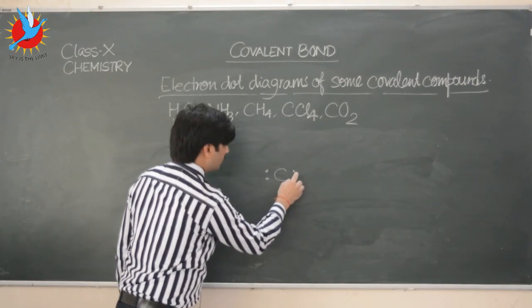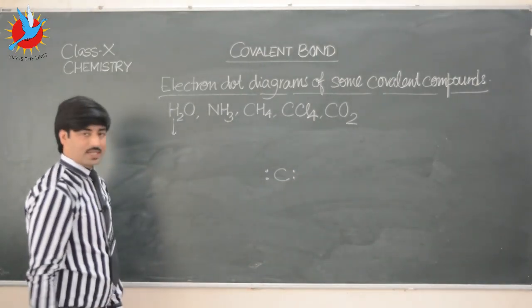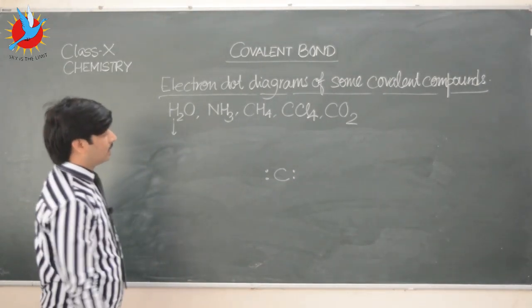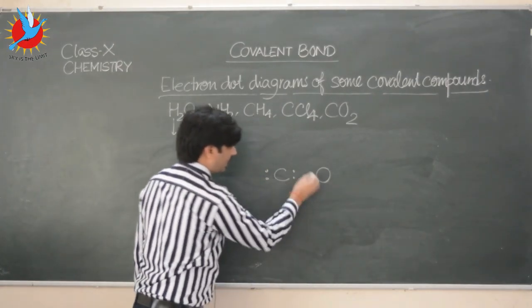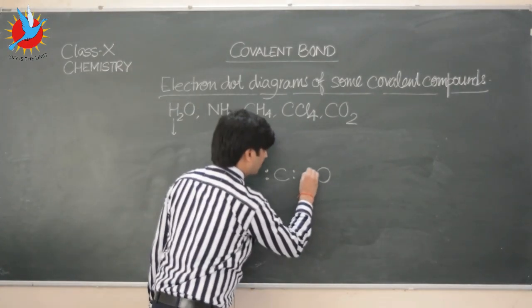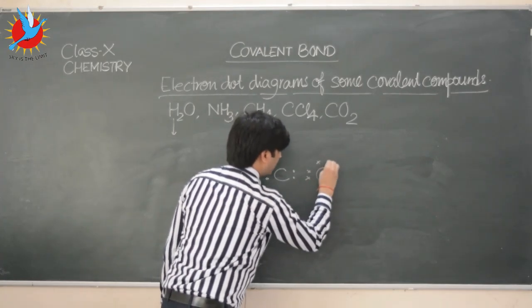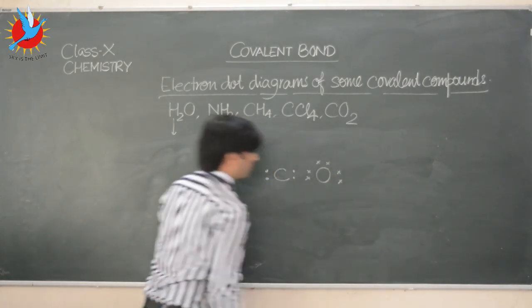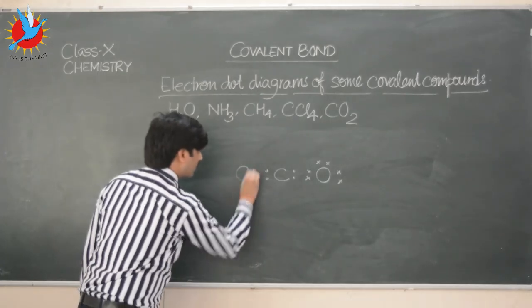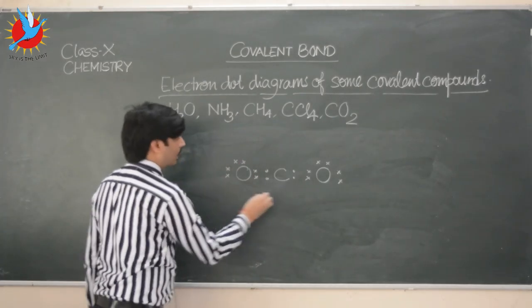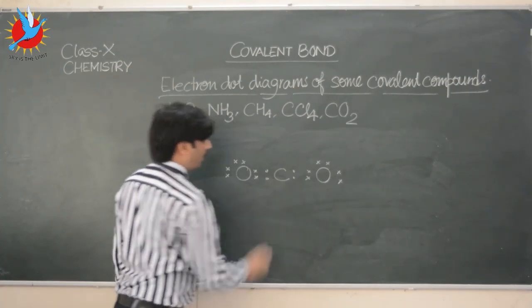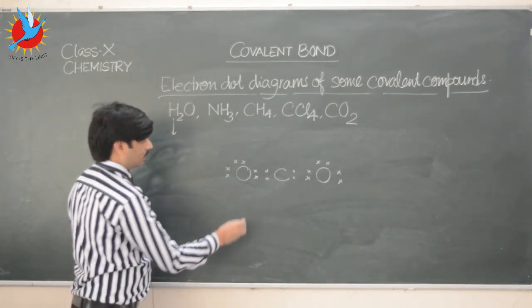I have written 2 electrons on each side of carbon atom so that the sharing of electrons can be shown easily. Here I am representing the electrons of oxygen with the help of cross, and the electrons of carbon are represented with the help of circle.